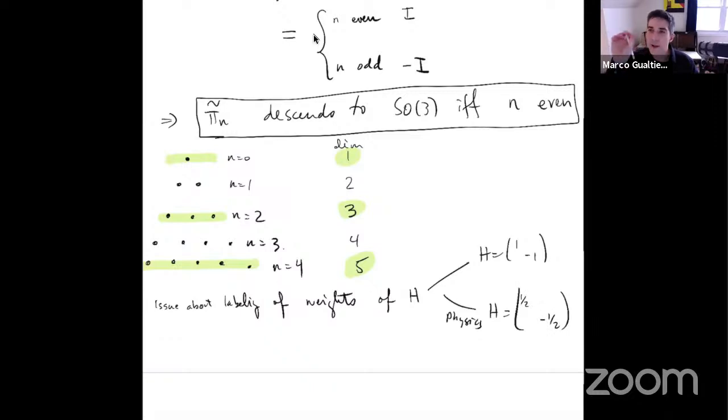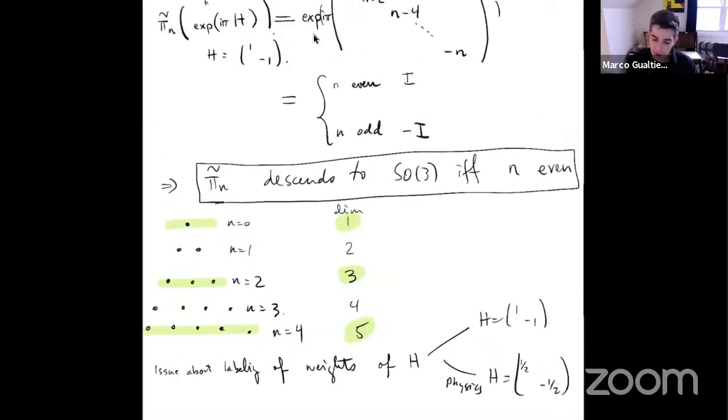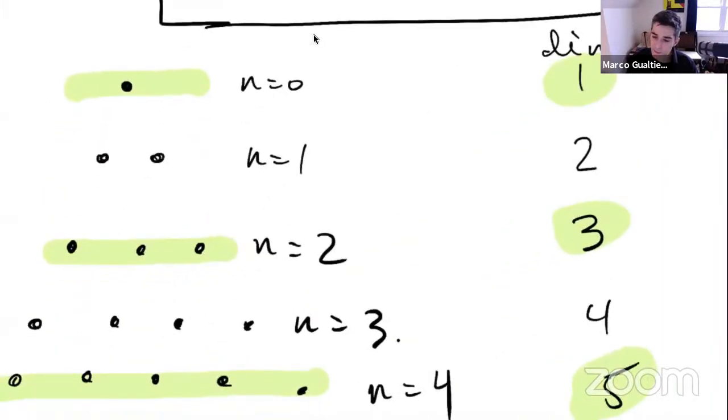They always rescale the weights by 1/2, and as a result, they would label these points in a slightly different way.